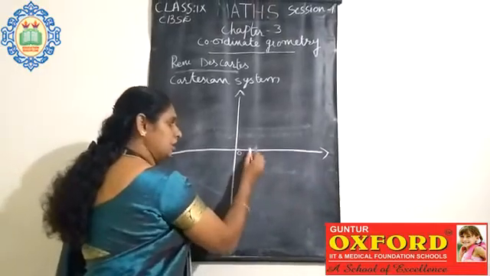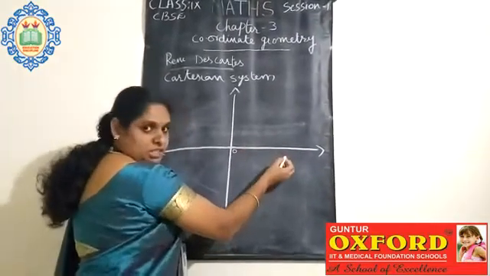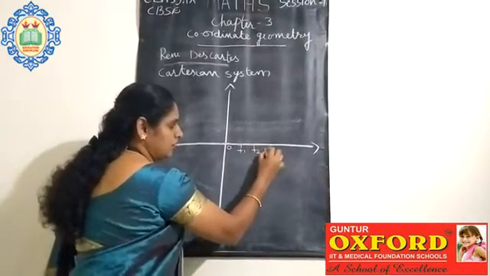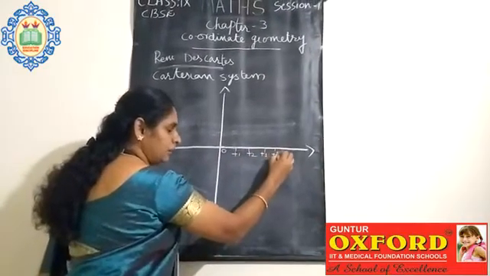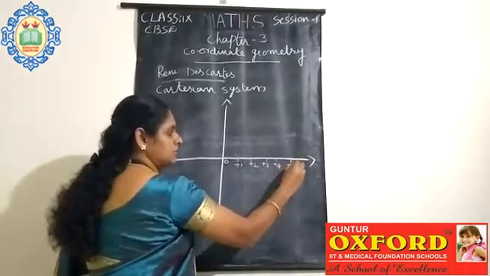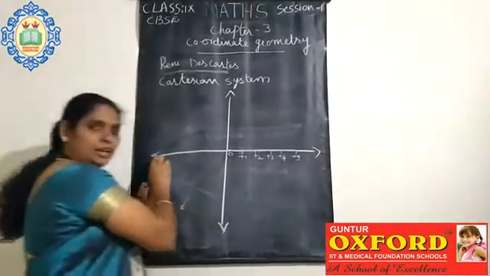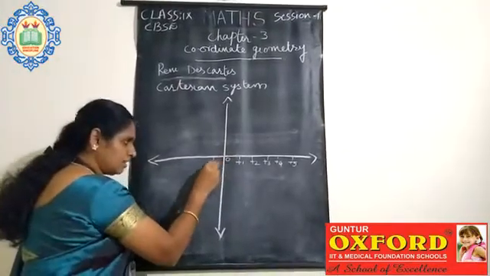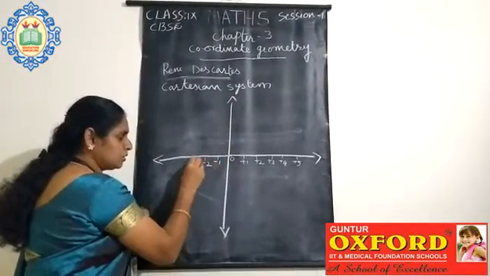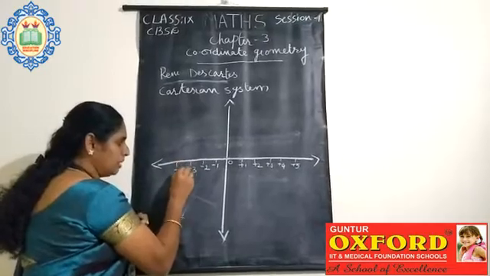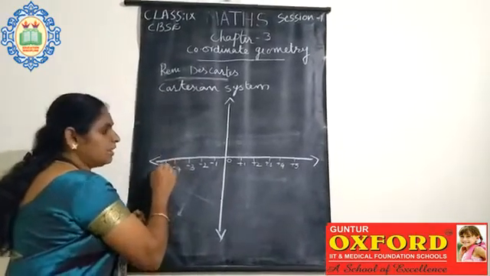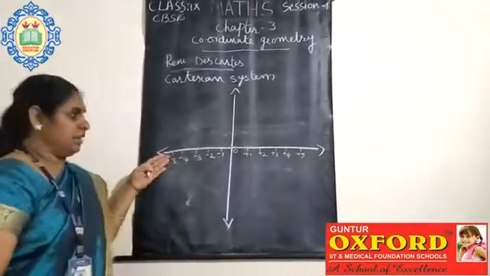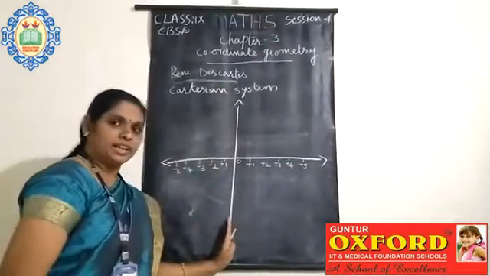The right side of 0 is positive numbers: plus 1, plus 2, plus 3, plus 4, plus 5, etc. The left side of 0 is negative numbers: minus 1, minus 2, minus 3, minus 4, minus 5, etc. This is one horizontal line and this is the vertical line.